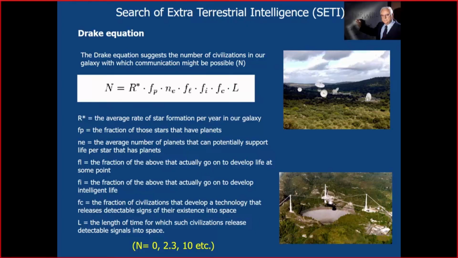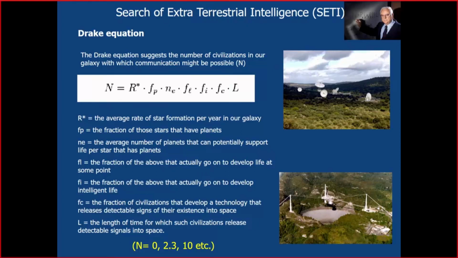Suppose it is N. We can compute it by knowing theoretically the average rate of star formation per year in our galaxy, the fraction of those stars that have planets, the average number of planets that can potentially support life per star, the fraction of those that actually go on to develop life at some point, the fraction of those that develop intelligent life, the fraction of civilizations that develop a technology that releases detectable signs of their existence in space, and the length of time for which such civilizations release detectable signals. So if I know or assume all these parameters, I can compute N.